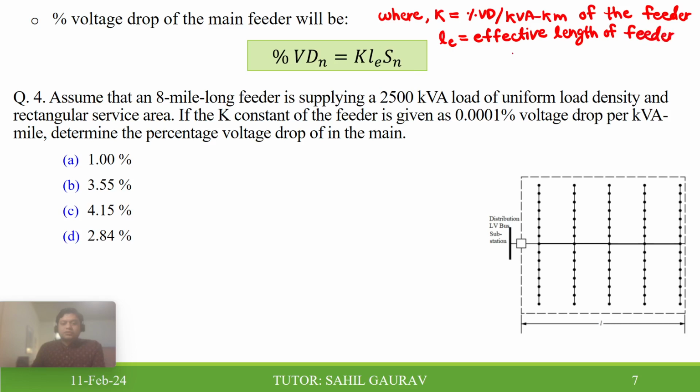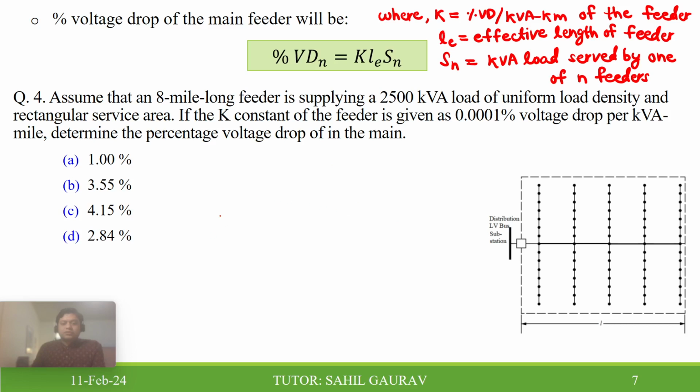L is the effective length of feeder and SN is the kVA load served by one of n feeders. So this expression we are going to use in this problem.